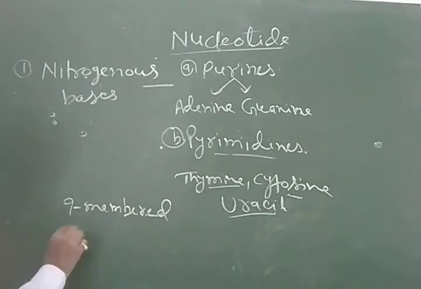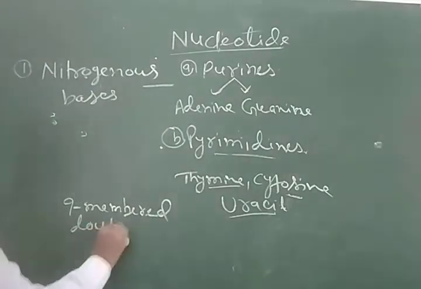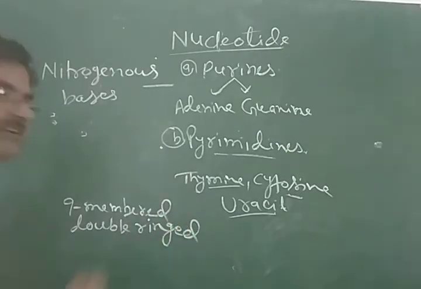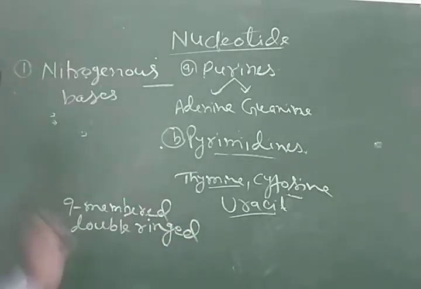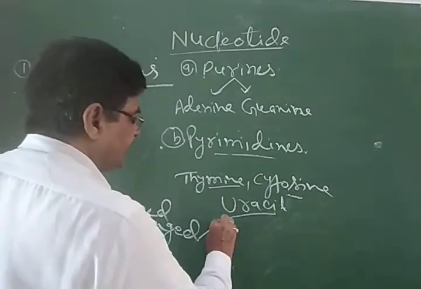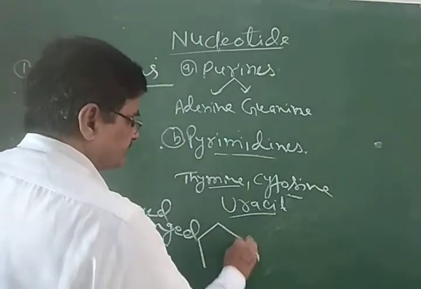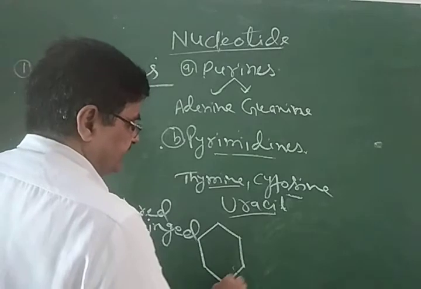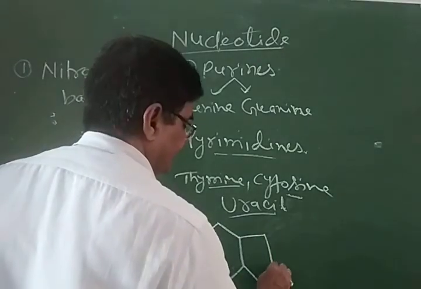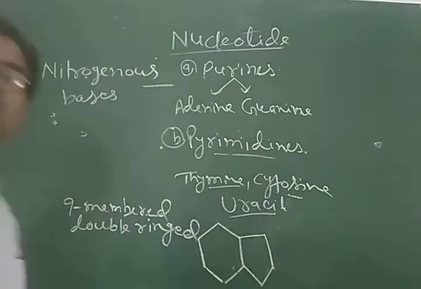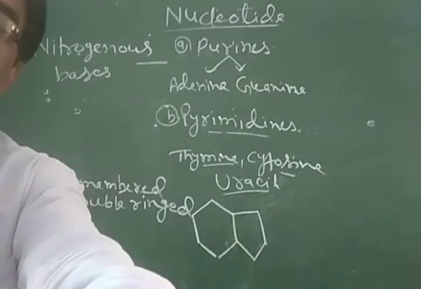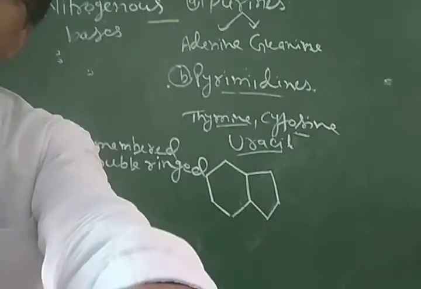Purines are nine-membered double ringed structure, or you can say that the dicyclic structure. This is the one ring, and now there is another ring. So this is the nine-membered double ringed structure, or dicyclic structure.